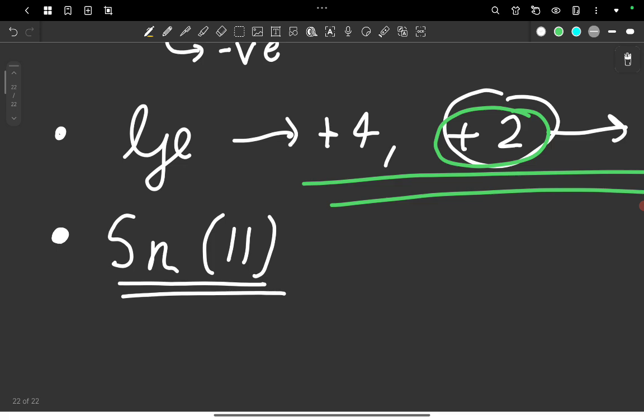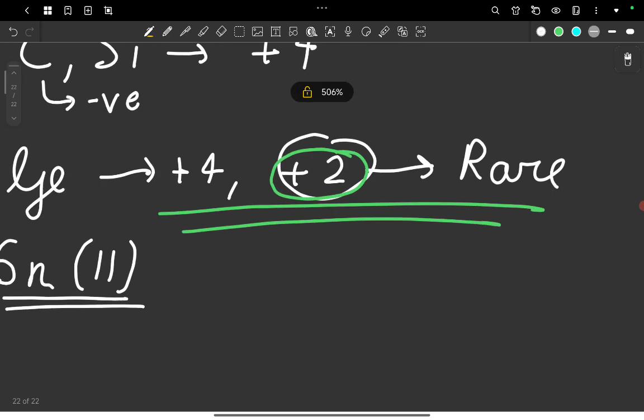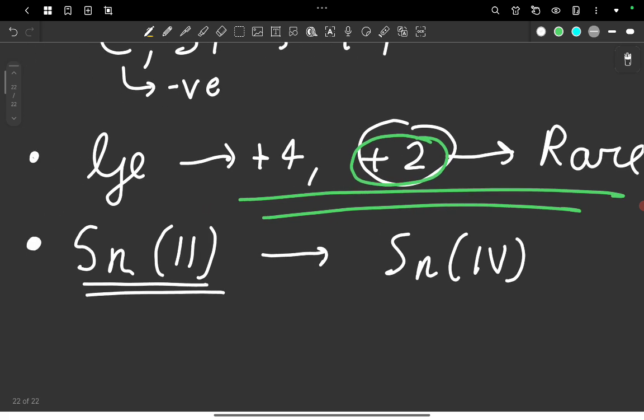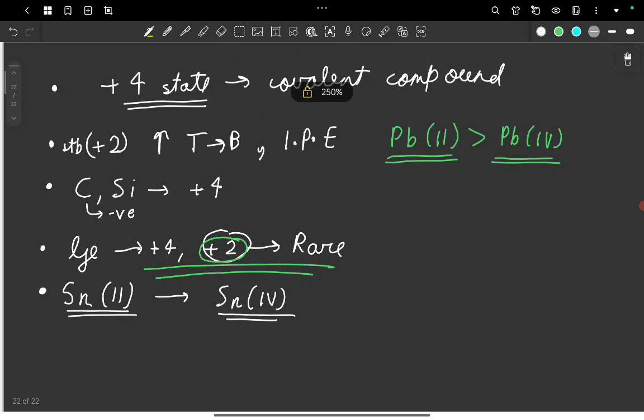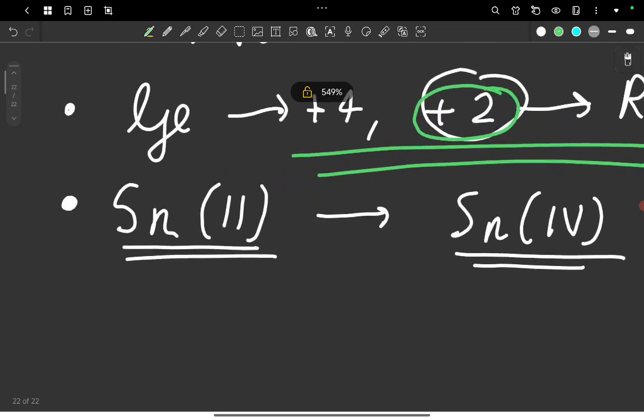Well, if it is reducing, that means it has a tendency to attain the fourth oxidation state, because if it's reducing something, it wants to get oxidized itself, and oxidizing means loss of electrons, which will increase its oxidation state. So here, as we see, while this fourth oxidation state is still more stable than the second oxidation state, we can say that this has started to exist as a separate entity.